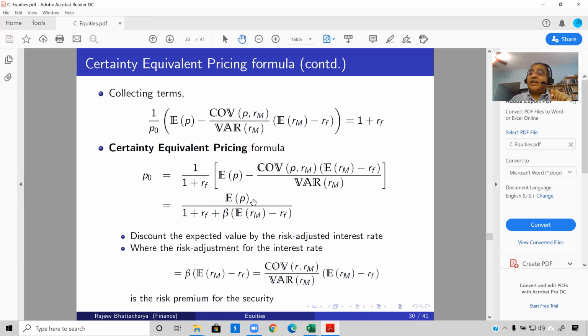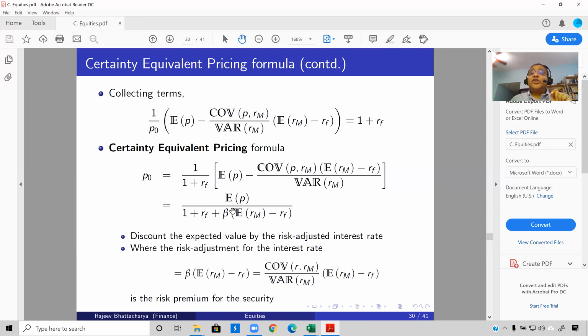It is the expectation of P divided by 1 plus RF, which is the risk-free rate, plus beta times the expected rate of return of the market minus the risk-free rate. So the term after the beta is the excess return of the market. This beta times expected RM minus RF is the risk premium for that particular security.